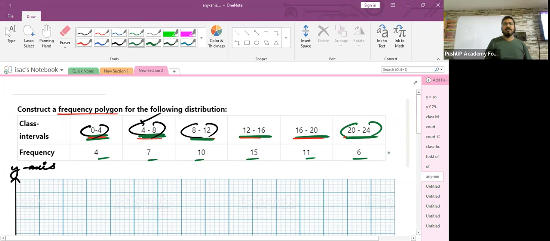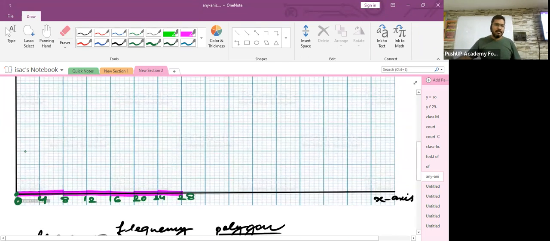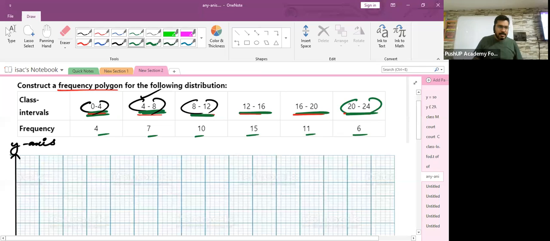The maximum value is 15. So children, if the maximum value is 15, it means on this y-axis, which is ending over here, you need to accommodate all the frequencies. In this case, you have to accommodate 4, 7, 10, 15, 11, and 6.